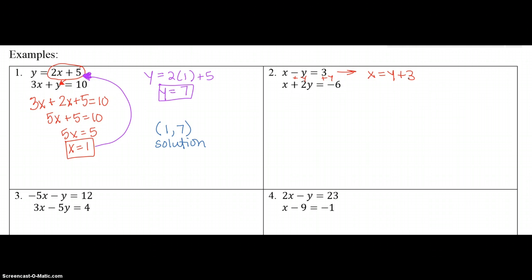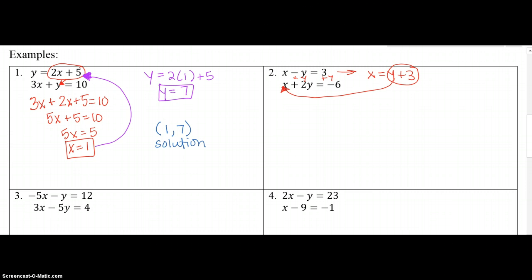So x equals y plus 3 is pretty simple for me. So if I circle that, I can substitute in y plus 3 anywhere else that there's an x, because that's equal to x. So I'm going to substitute this in right here.